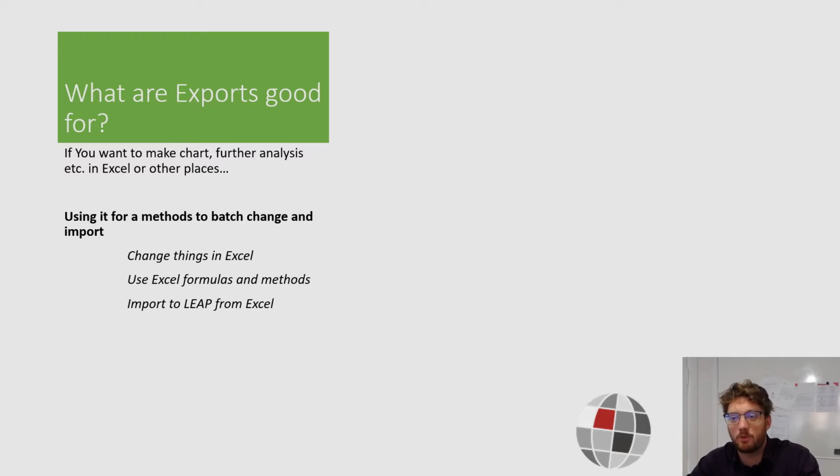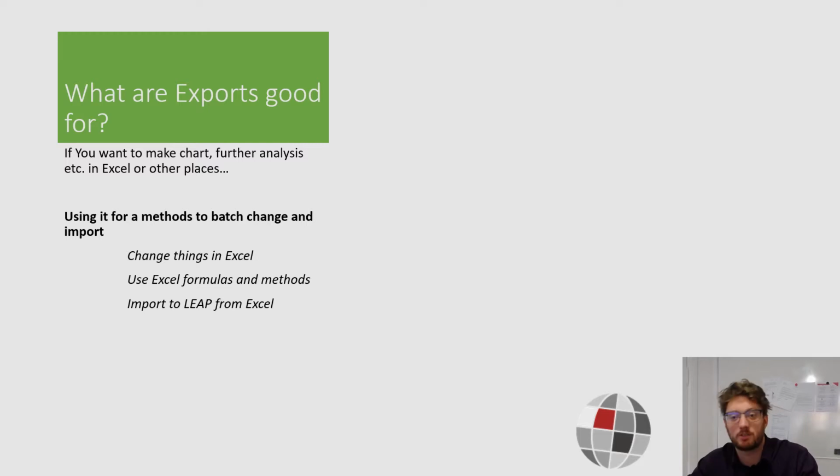You can also use the batch export to do batch import, which basically is having things you have made in Excel or changed in Excel, and then have that make changes in Leap, and that's what we're gonna look at in the next slides. That means we can use it in a workflow where we are re-exporting.